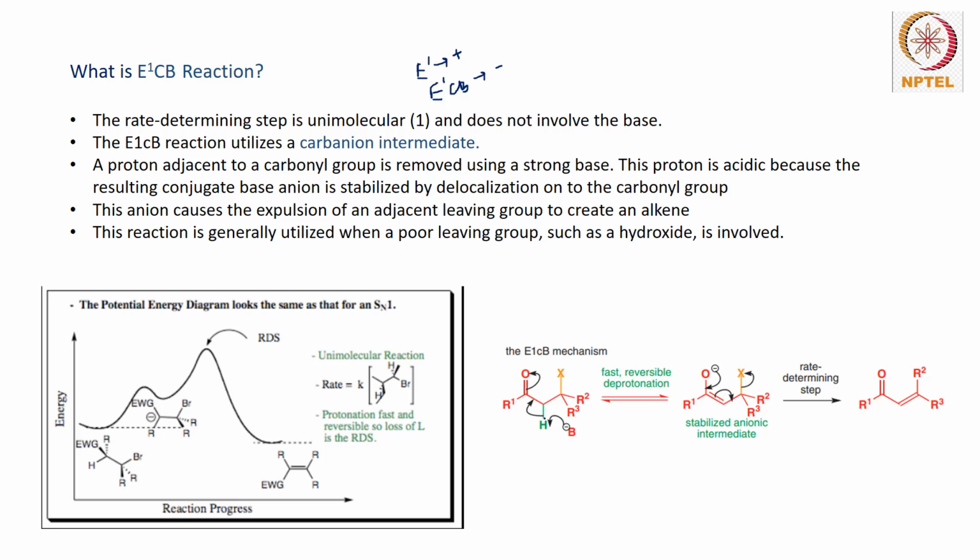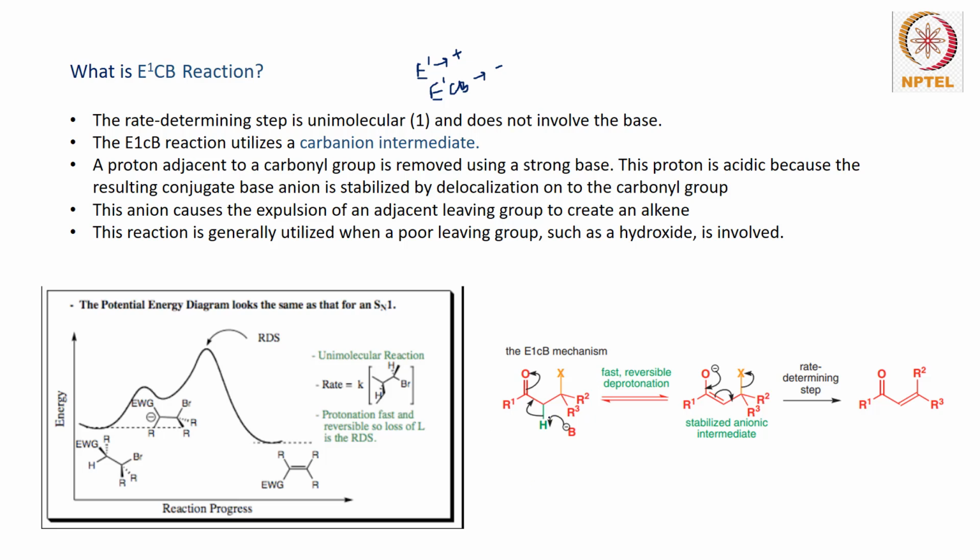In case of E1 or E2, there is no such specific requirement that the leaving group should be at that place or the hydrogen should be at that place. But in case of E1CB, the hydrogen which is getting removed should be adjacent to a carbonyl group or any group which has a minus R effect, that is minus resonance effect, to stabilize this carbanion.